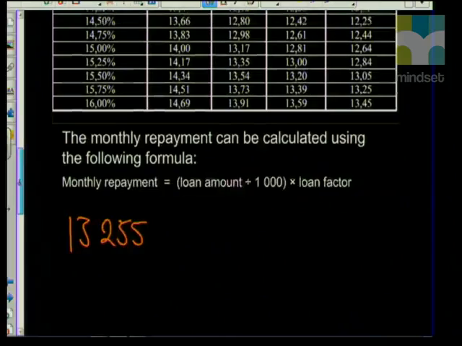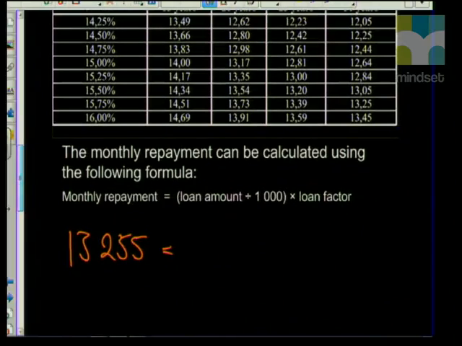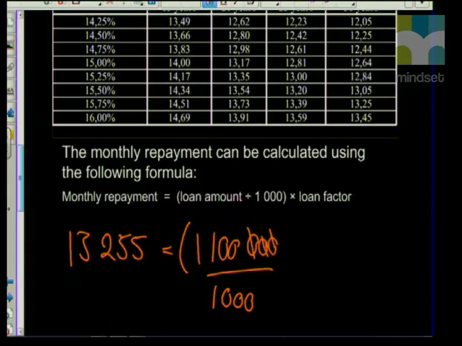We're going to use the calculation again. We know that this is 110,000 divided by 1,000, and we're going to chop that off, and we now need to find the particular loan factor. So we don't know what the loan factor is, and we're going to find it.